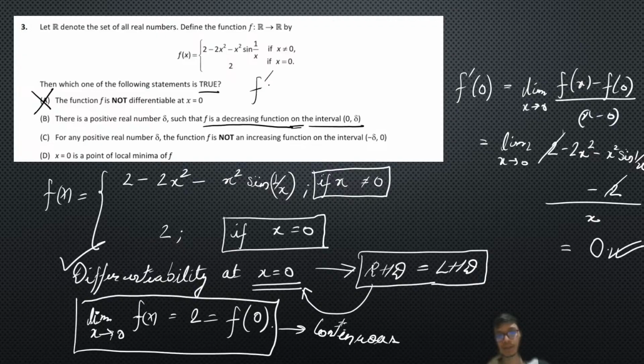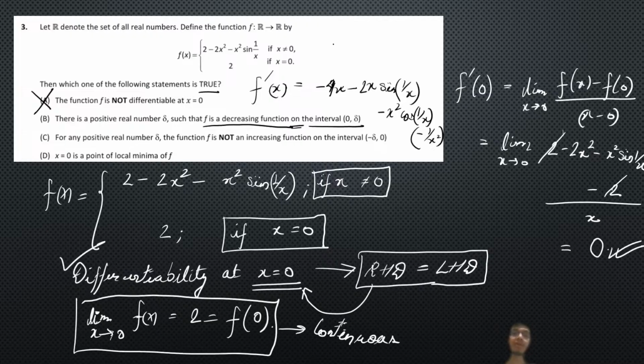If I find f dash of x, it is going to come out as minus of 4x, plus minus of 2 times x into sine of 1 upon x, and then also minus of x square cos of 1 upon x multiplied with minus of 1 upon x square. So this is going to be the derivative.